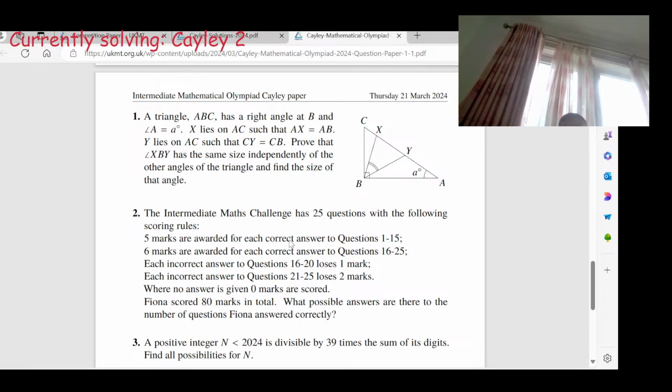Question 2. The Intermediate Maths Challenge has 25 questions with the following scoring rules. Bro. Okay. The number of questions Fiona answered correctly. So, what? What is going on? Potentially, okay, what's the minimum amount of marks? 14 is the minimum.